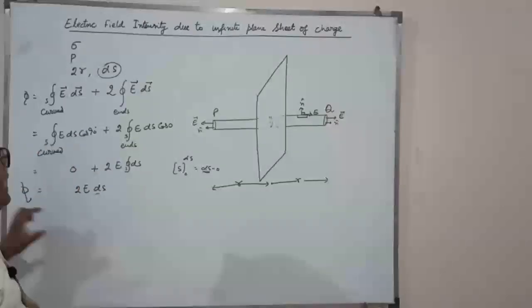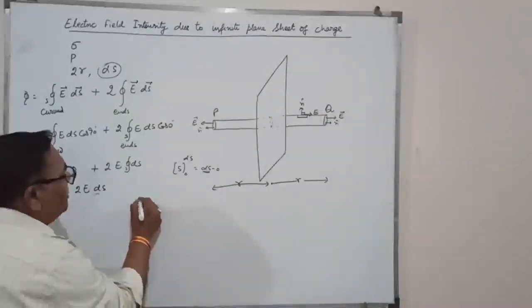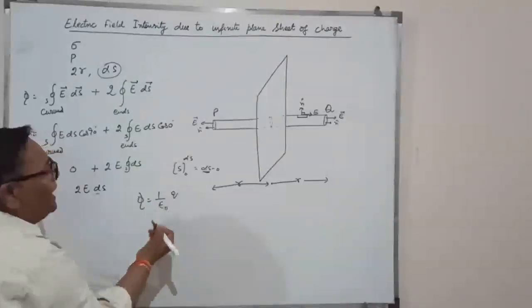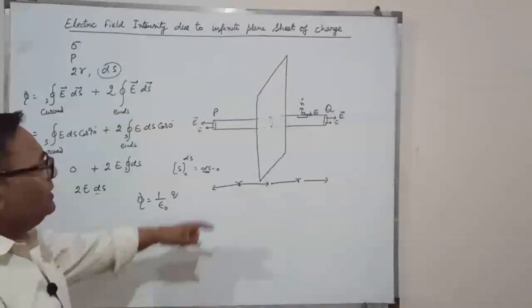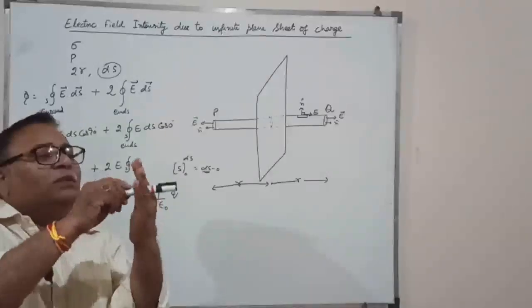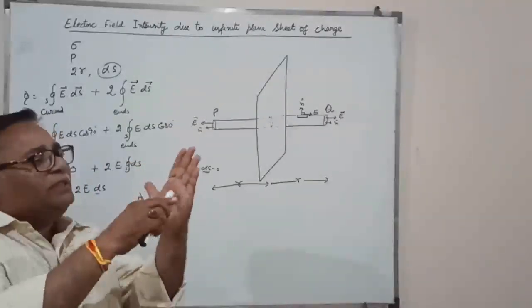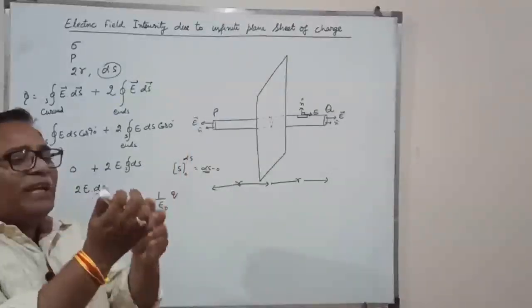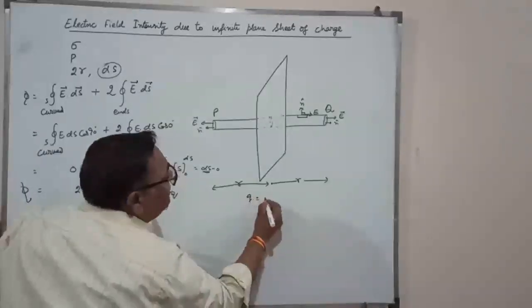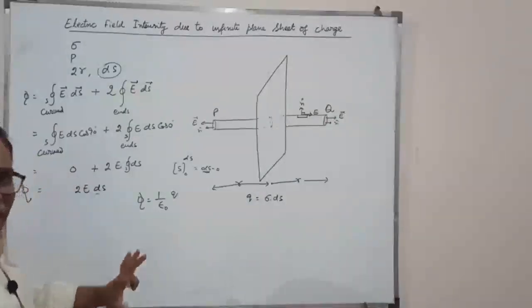Then apply the Gauss theorem. Flux equals 1 upon epsilon 0 times the charge enclosed by the Gaussian surface. Charge enclosed: this is a plane sheet, and this ds area is inside the plate, ds part of this area inside the Gaussian surface. Therefore, the value of q is sigma into ds. Clear?